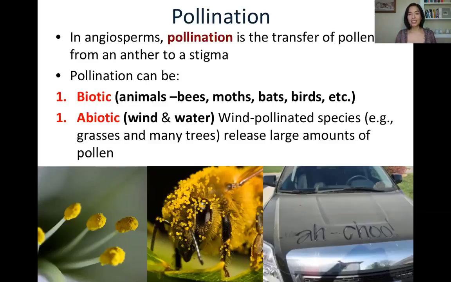Other plants can disperse their pollen by water. In this case, you can see a car that is covered with this pollen that is coming from some plants or nearby trees. Then they can really produce a lot more pollen compared to the amount of ovules that they produce.